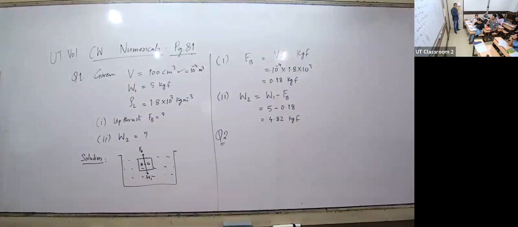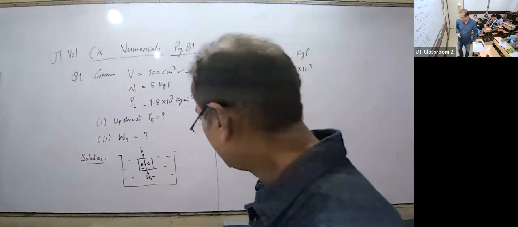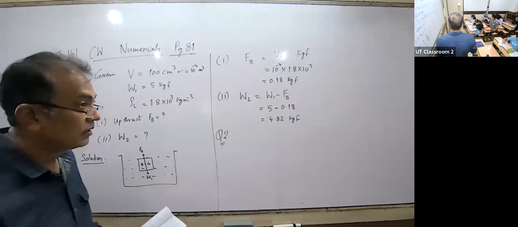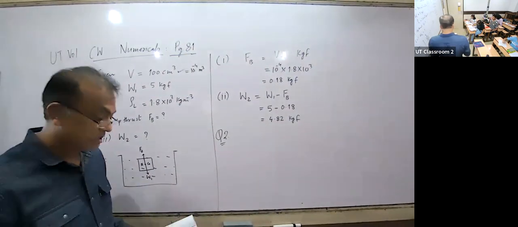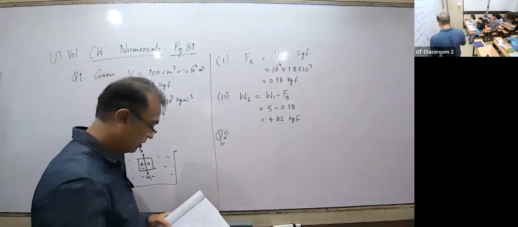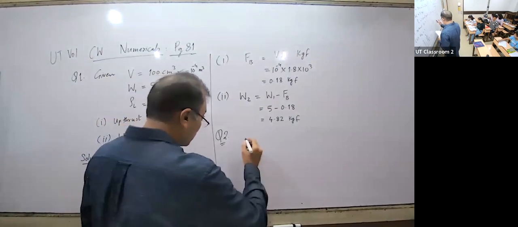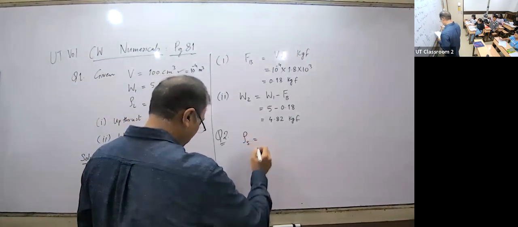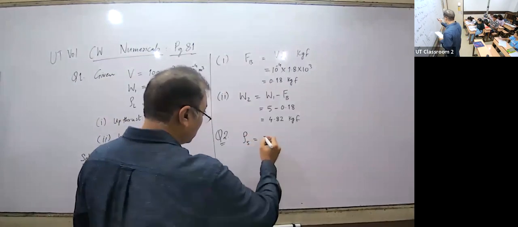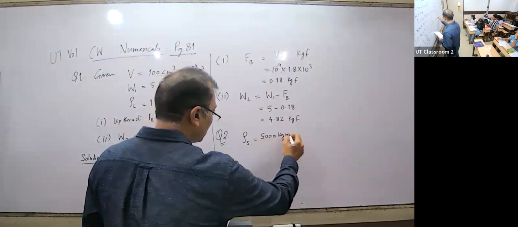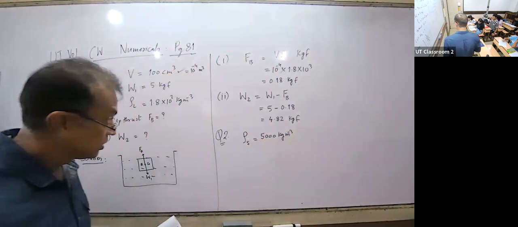Okay, you read question 2. This is question 1, you've already solved. Give me the given data. Question 2, page 81. We have the density of solid given as 5,000 kg per meter cube.